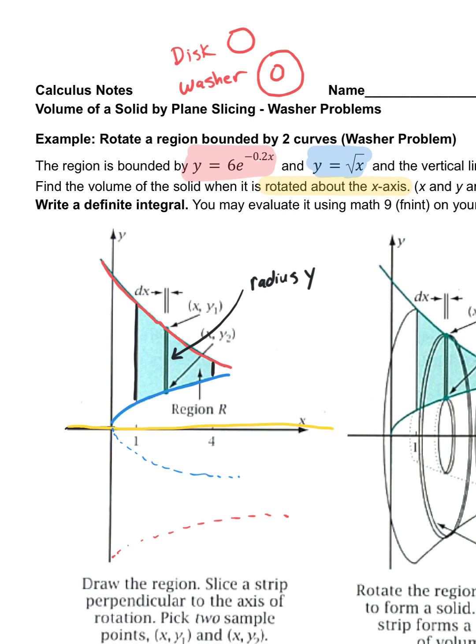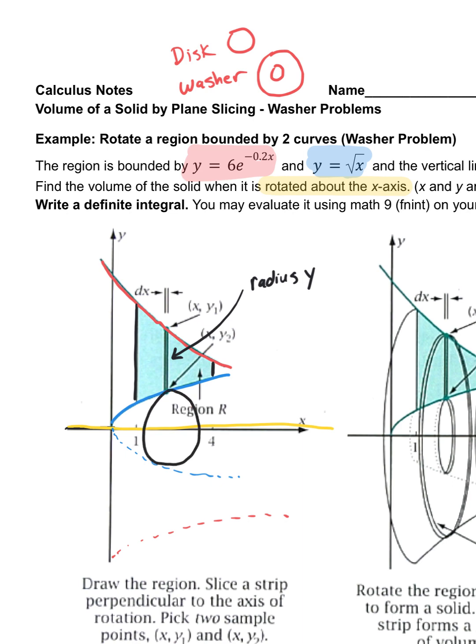But a washer problem, if you've ever been into a hardware store, has an inner circle and an outer circle. The inner circle connects the function that is closest to the axis of rotation. So this curve right here is closer to our axis of rotation, so that's our inner ring. We just sketch it in like this.